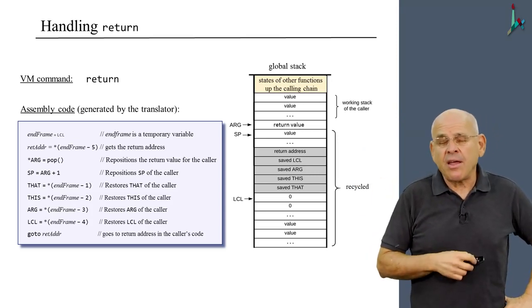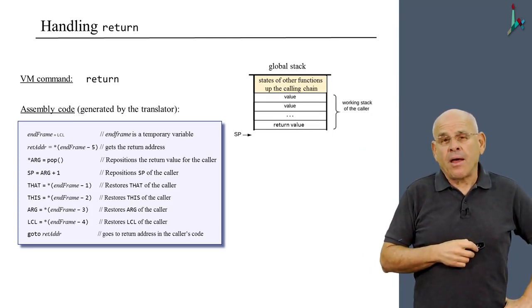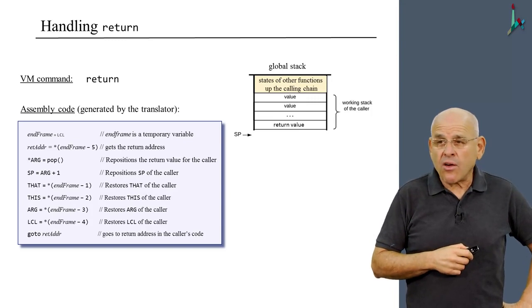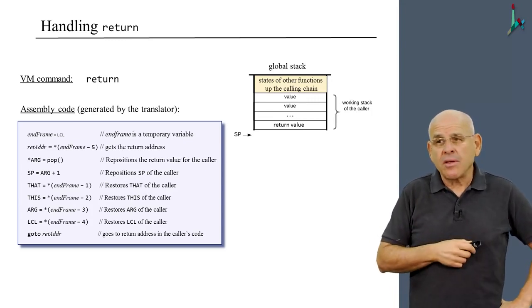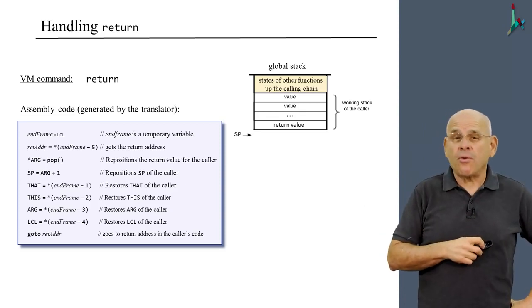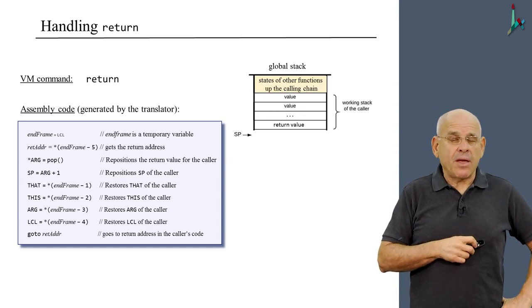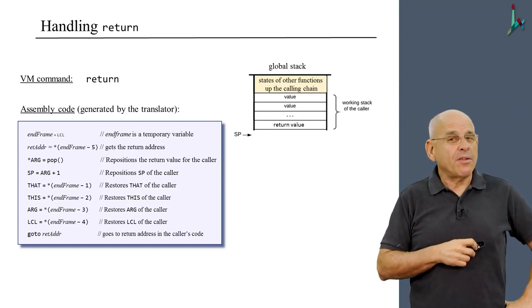So effectively, that's the situation that the caller is going to see. The caller is going to see the return value at the top of its working stack, and the stack pointer is going to point at the next word in memory. And that's exactly what we wanted.